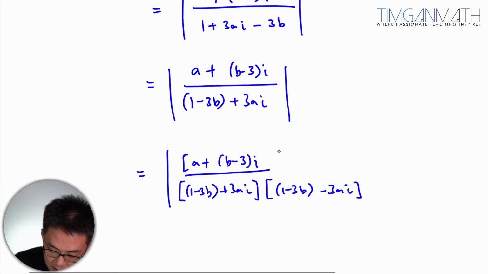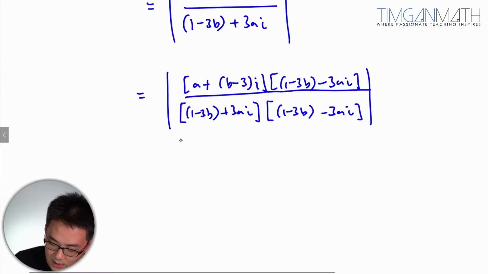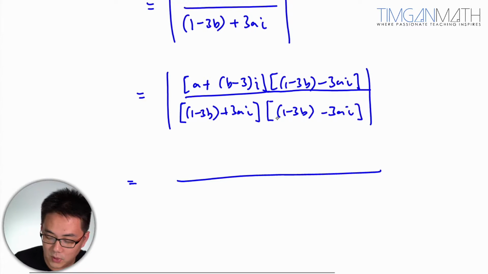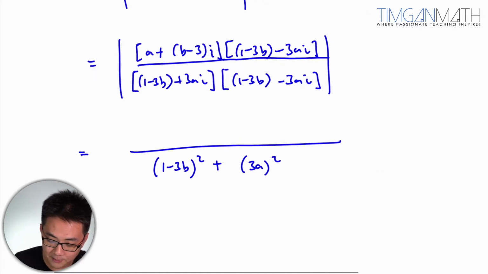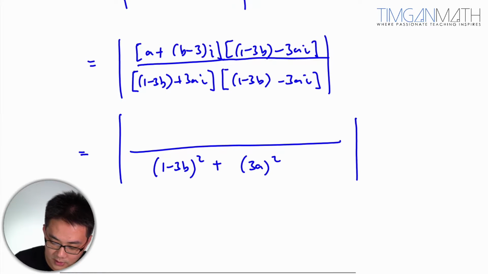We have done this many times, so the conjugate terms will just add up. So 1 minus 3b all squared plus 3a all squared. Just remember that. Important. Helps a lot.